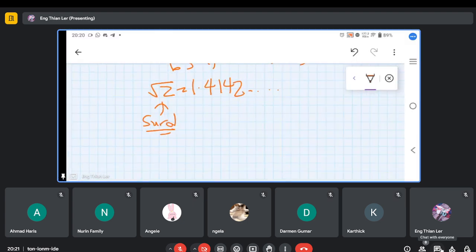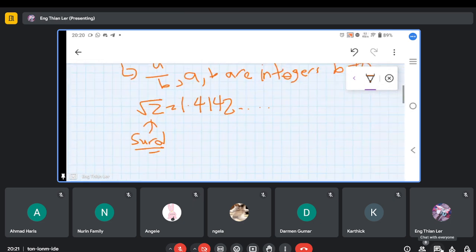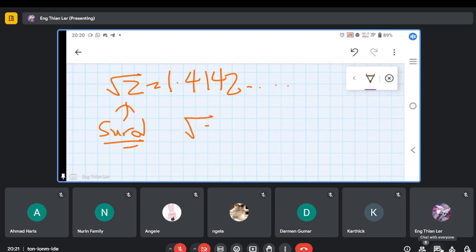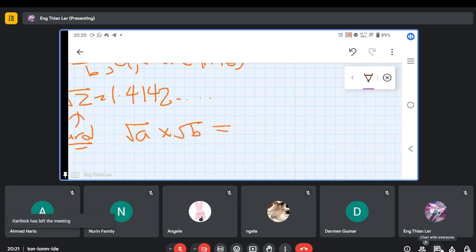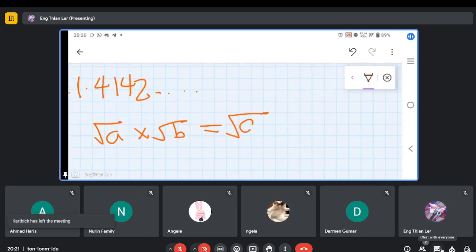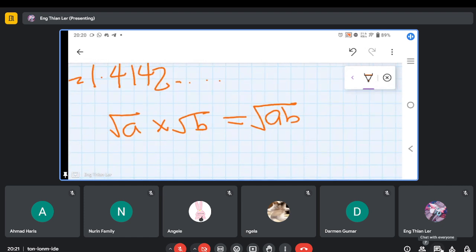So we have the laws of surds. When you multiply surd A by surd B, this is actually equal to surd AB. It's like multiplication, like 2 times 3 is just 2 times 3.